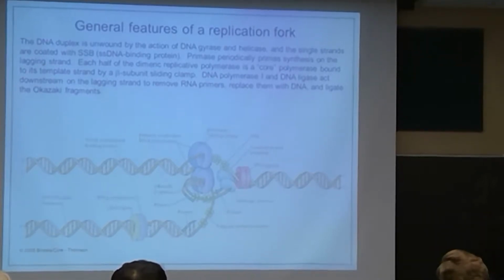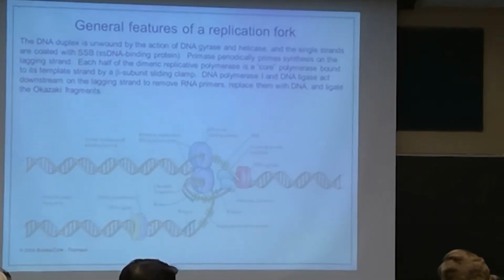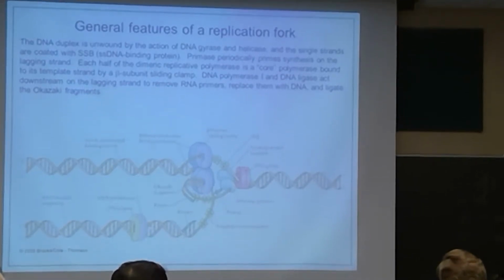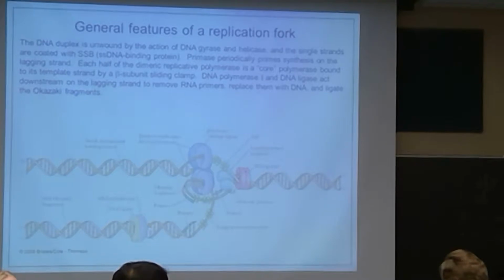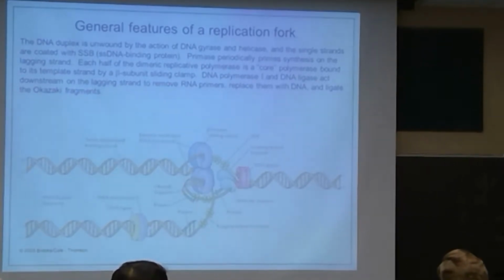So is the whole function of the replication fork clear? Are helicase and primase the same? No. Is topoisomerase and DNA gyrase the same? They have different functions, but topoisomerase also can change the topology.